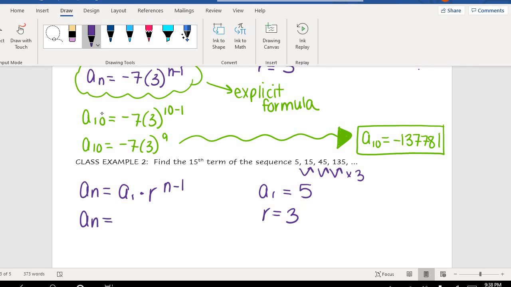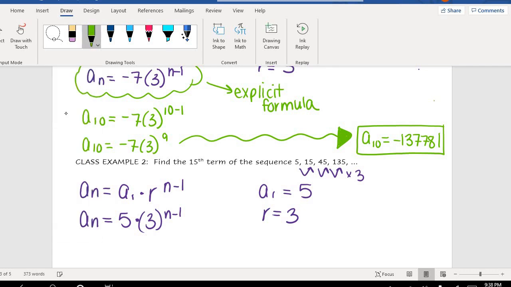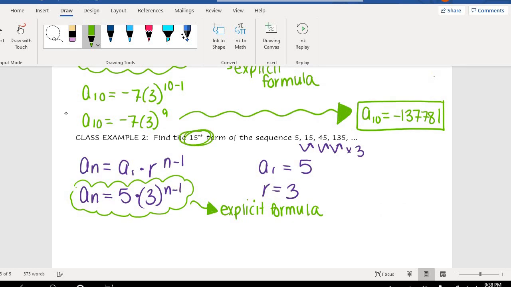Okay, let's substitute in. A sub 1 is 5 times 3 to the n minus 1. All right, I'll bubble that in again because that's our explicit formula for this sequence. Now I'm going to use that explicit formula to find the 15th term.